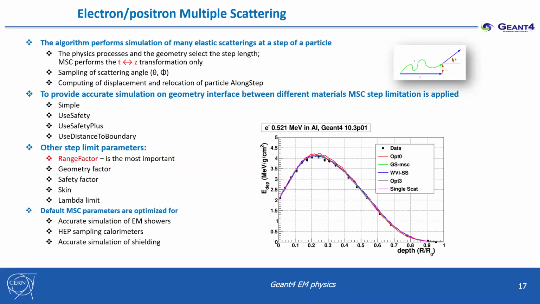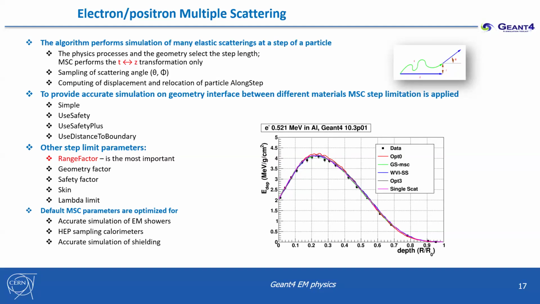And we see that practically no electron can come through this slab and have a coordinate equal to 1. It happens because of elastic scattering of the electron within this material. There are many scatterings, and maximum energy deposition is somewhere at 0.25 of the range of electrons.